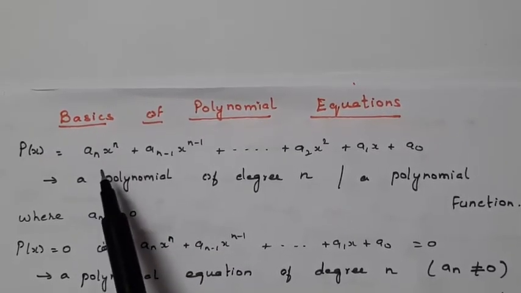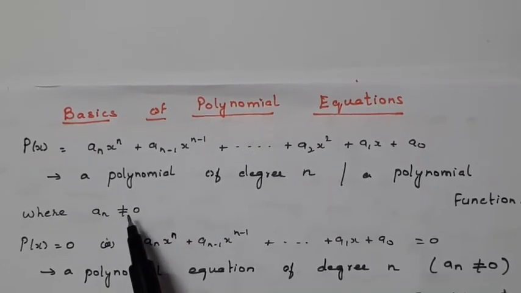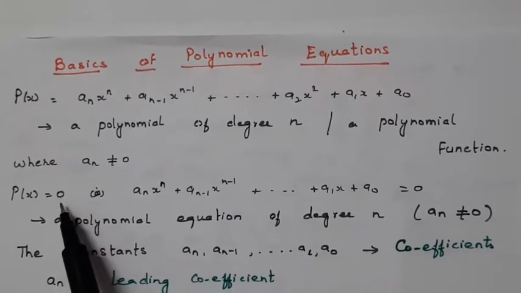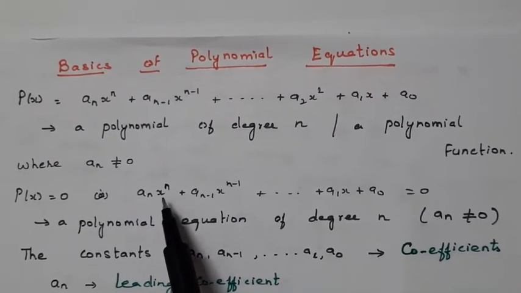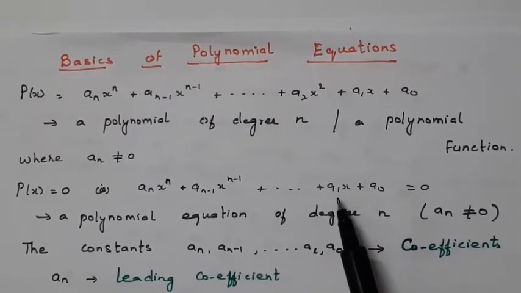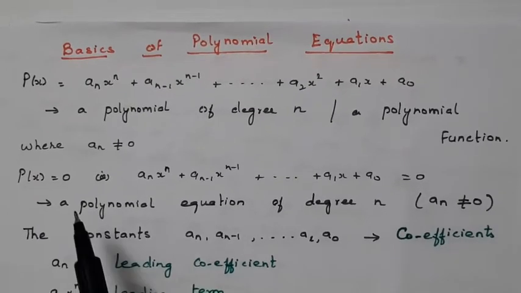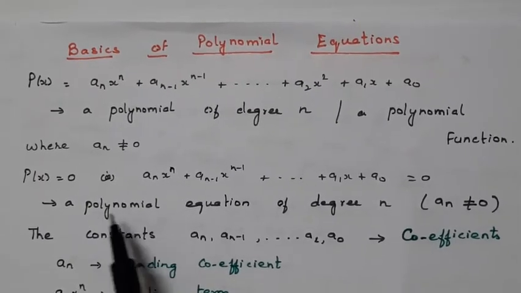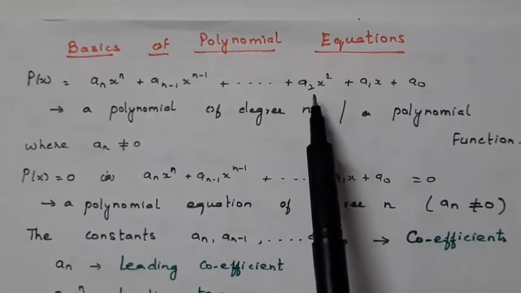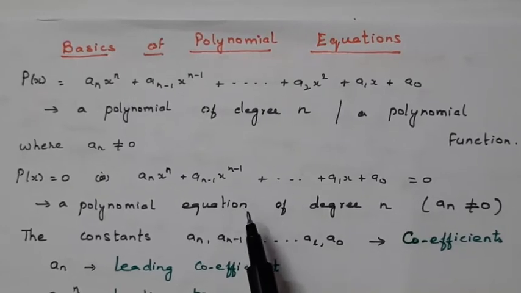Now, if this polynomial is equated to 0, that is, a_n x^n + a_(n-1) x^(n-1) + etc. + a_1 x + a_0 = 0, then this is called a polynomial equation of degree n. Simply, it is a polynomial of degree n; when it is equated to 0, it is called a polynomial equation.